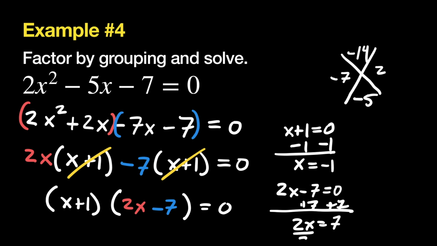And now we just divide by 2. So x is equal to 7 over 2. So the two answers for this problem are going to be x is equal to negative 1 and 7 over 2.